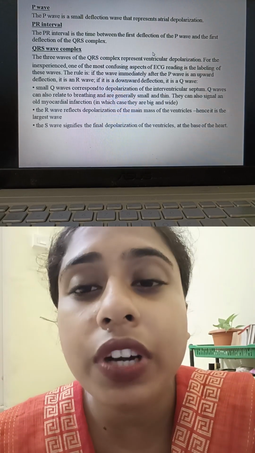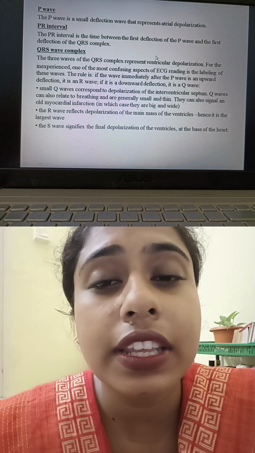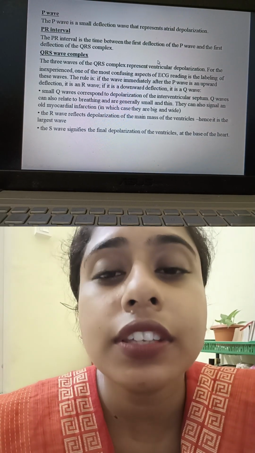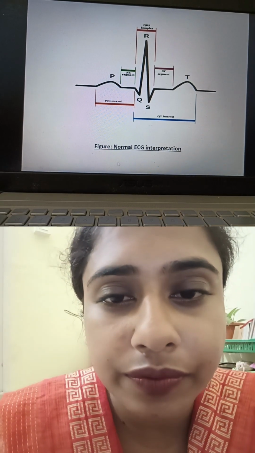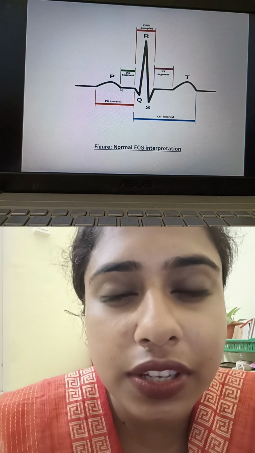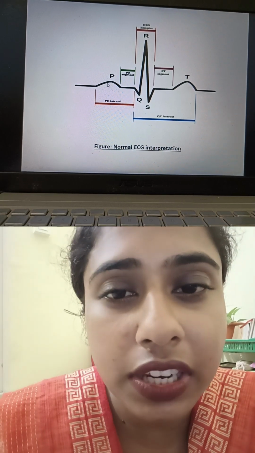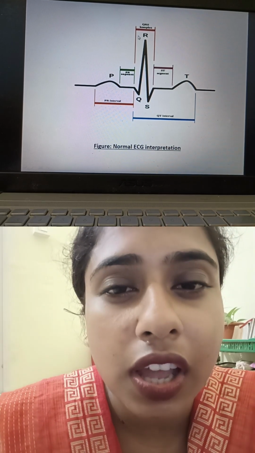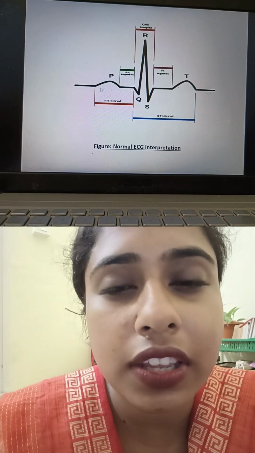You can see after the P wave, if there is an upward deflection immediately, it will be the R wave. And here you can see after the P wave there is immediately a downward deflection, so this wave is called the Q wave.